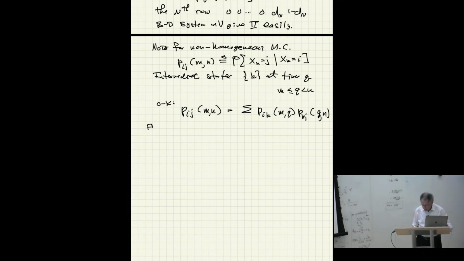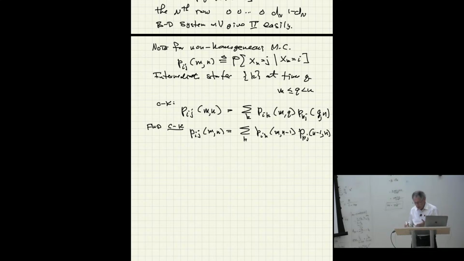And the forward Chapman-Kolmogorov equation will look like this. It just takes a particular value for q, which means that Pij of m and n will be the sum, when q is n minus 1, these sums are on k, of P sub ik at times m and n minus 1, times Pkj of n minus 1, n.